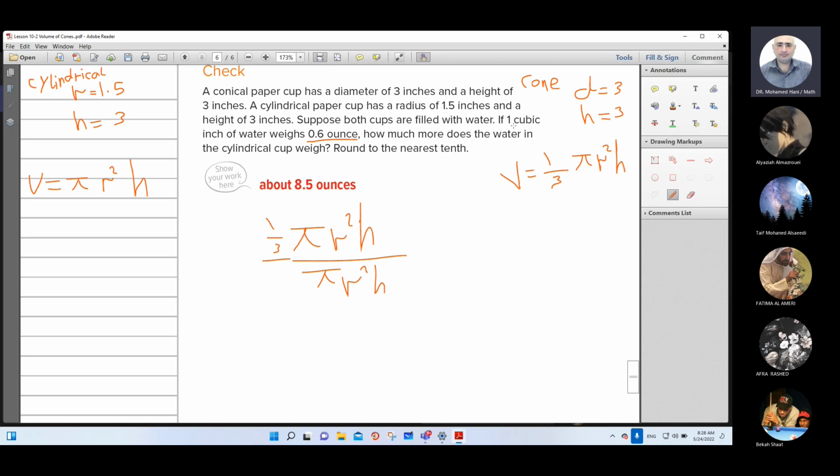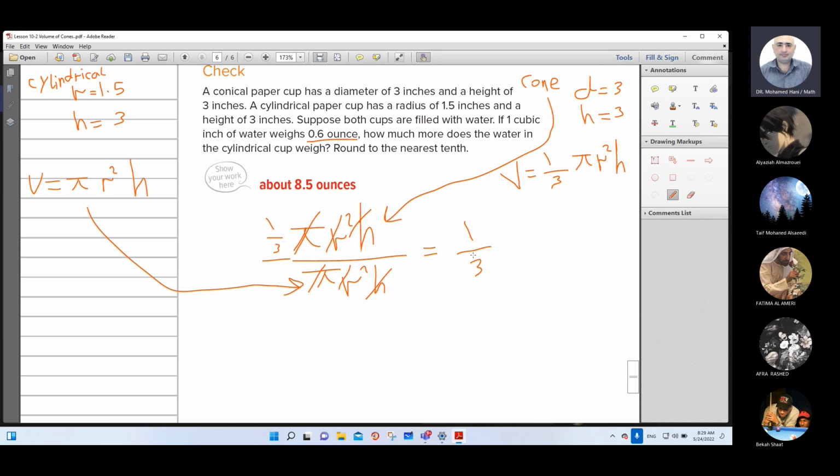This is for the cone, and this is for the cylinder. So as you see, you can simplify pi with pi, r squared with r squared, h with h, remains what? 1/3. So it means the volume of the cylinder is greater than the volume of the cone by 1/3.